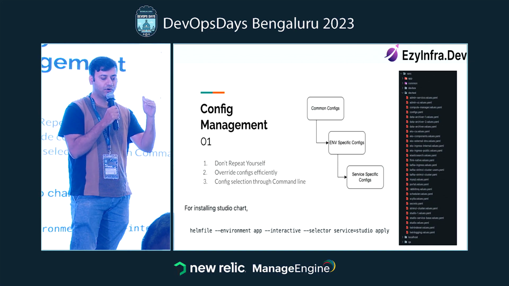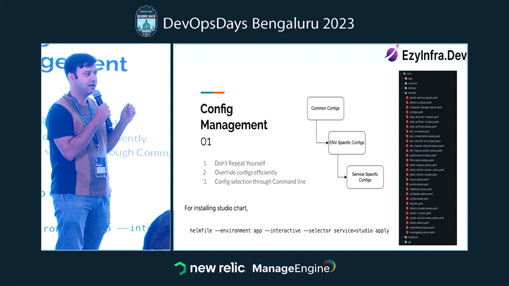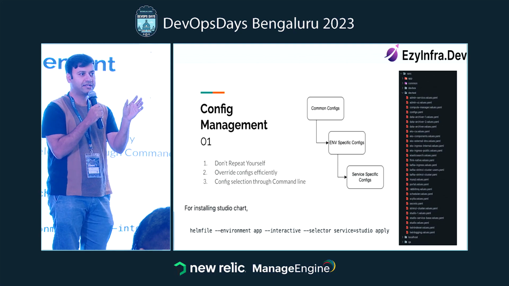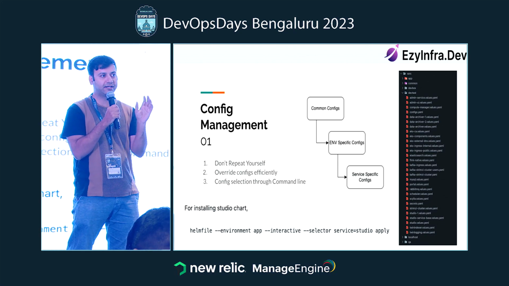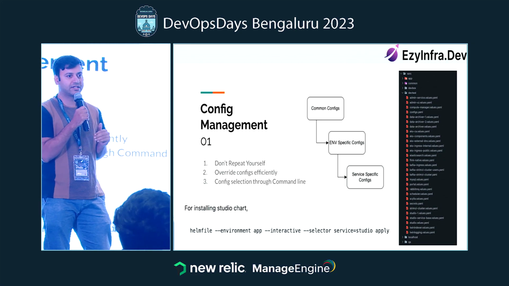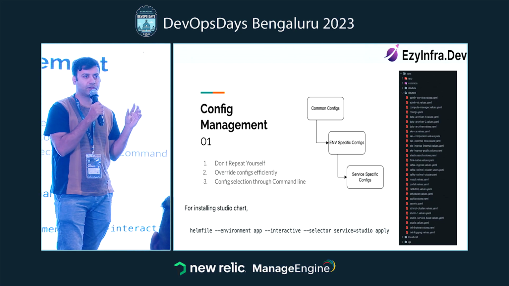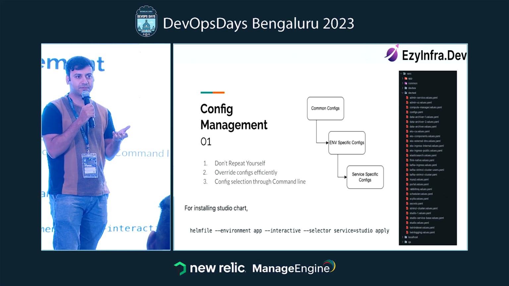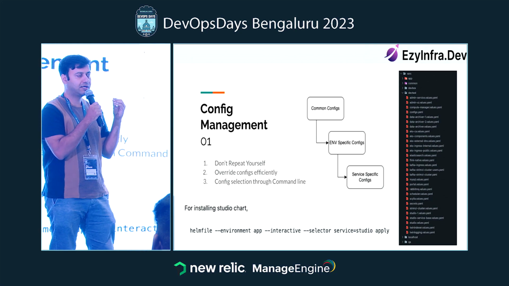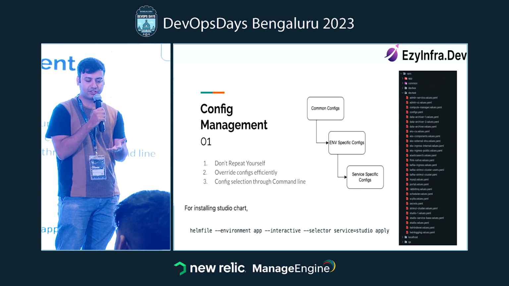We define it at the environment specific level, and if we want to change it, it's very easy because it's one place to change, and it will be reflected in all the other services. Then service specific configs. For example, if I want to use a different version of RabbitMQ for this particular service alone, that is possible. And if I want to give specific resource limits for this service alone, that is also possible.